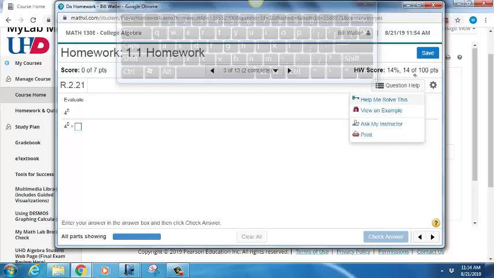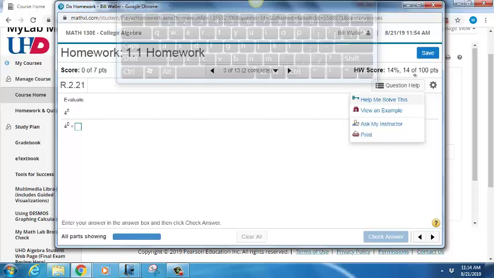You really want to run your MyMathLab score, your homework score, really high, because you can really control your grade in MyMathLab. You really have an opportunity to have that average really high, and remember that contributes quite a percentage to your final grade as given in the syllabus. So that's a part of your final grade that you can really control.